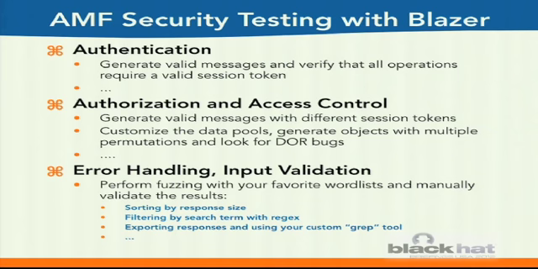So if we have an application which is a catalog and there are IDs for the different items, we want to add to the integer data pool all the valid items and see if, for example, with a specific session token we can access all of them, some of them, and those kinds of things. And for error handling and input validation, you can use your favorite word list, import it in the tool, and start fuzzing.